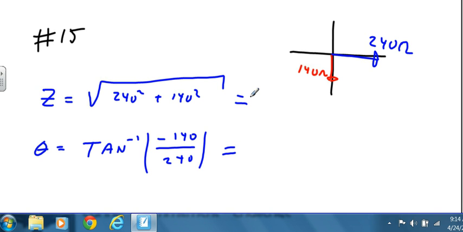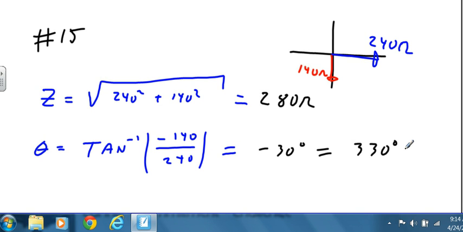I end up with an impedance of 278 ohms, which with two significant digits is 280 ohms, and my angle is minus 30 degrees, which I don't particularly like. I'd rather come around the other way, so I'll call it 330 degrees. But minus 30 might be closer to the truth. They're the same angle, so it doesn't really matter.